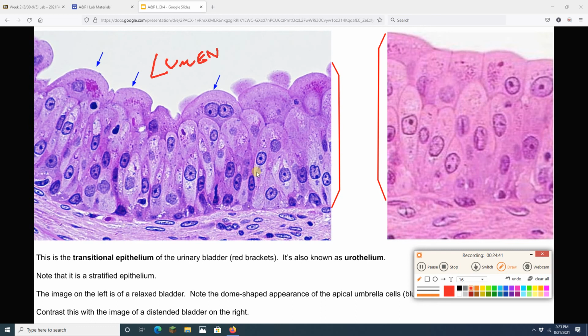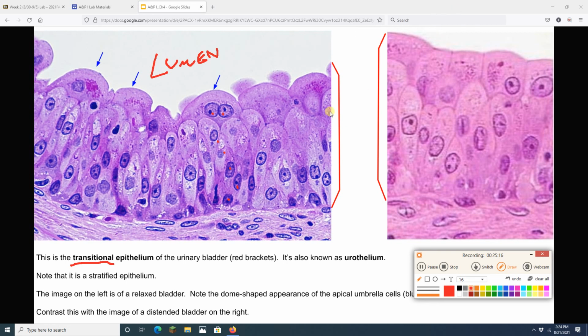This epithelium is a stratified epithelium. Nucleus. So multiple layers of nuclei. It is definitely stratified. It is known as transitional epithelium. That is because it changes shape depending on the degree of stretch it experiences. As the bladder fills out, so this is a bladder that's being stretched, the cells flatten out and the whole layer thins out.